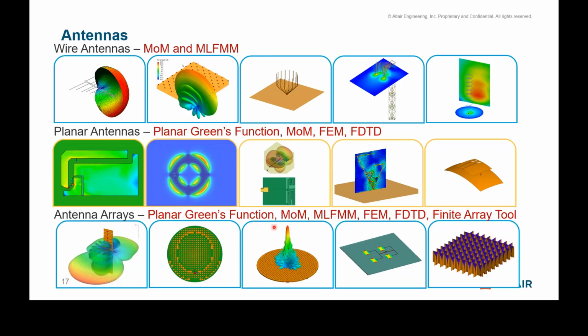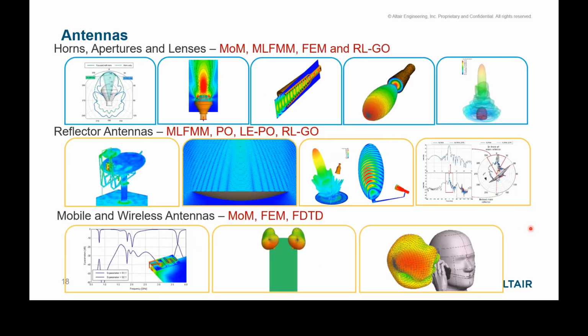And arrays, again, you can use planar Green's function as well. And we have various methods for how you can analyze the arrays also. Again, using asymptotic techniques, you can also analyze larger arrays, larger antennas like reflector antennas and so forth, and interactions with the human body, etc.